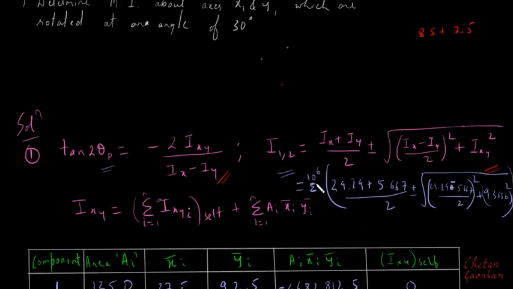So I can keep this 10 to the power 6 as common. Therefore, I will get I1 as this term plus this term, and I2 will be this term minus this term.